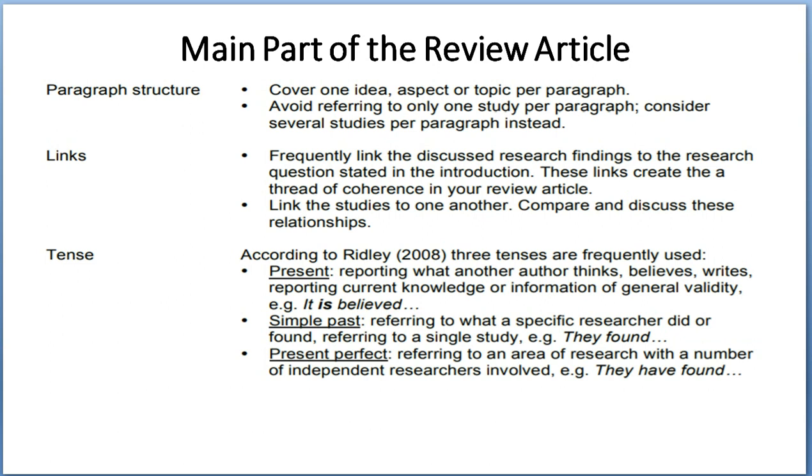For example, suppose you are writing a review on the phytochemical composition and pharmacology of any plant. Then you will start with title, author affiliation, abstract, keywords, introduction, and material and method. Then the main body of the research article.